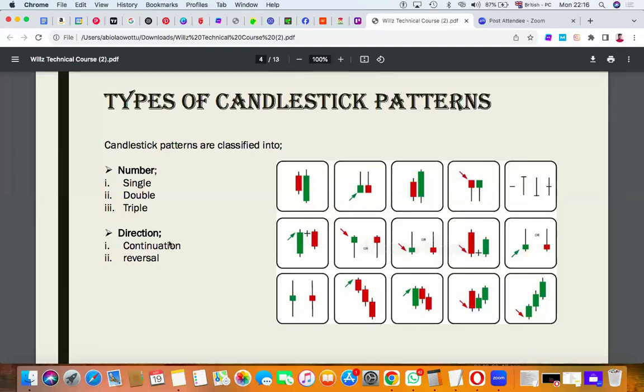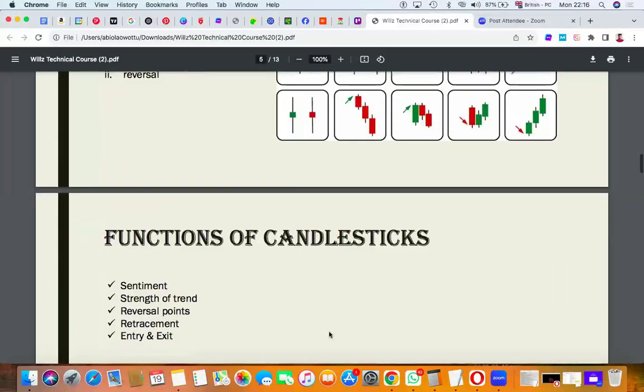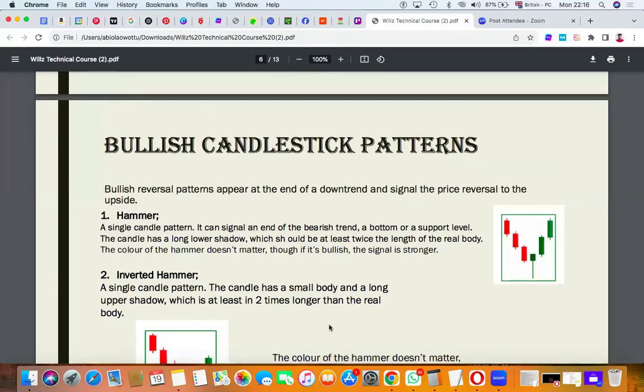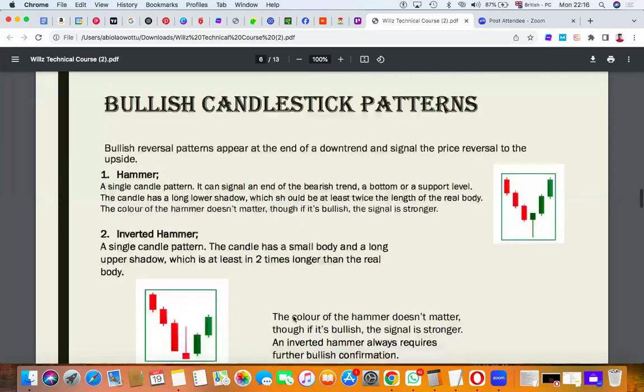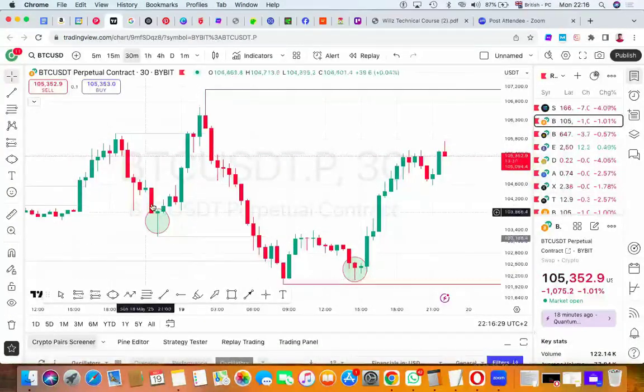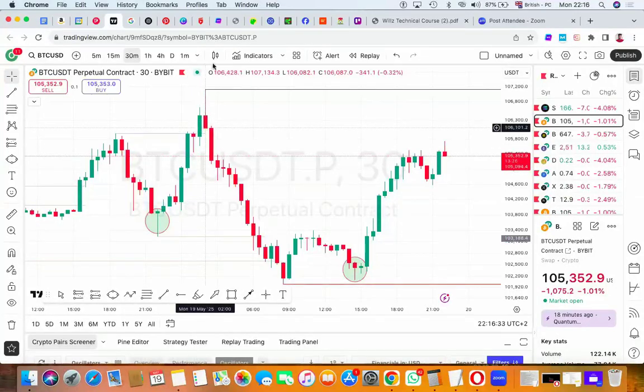One of the scenarios I made an example with tonight is the hammer, and then we also have the inverted hammer. I was able to spot one example for us, which is this. We can see we have a hammer here and it played out exactly as we illustrated to you.